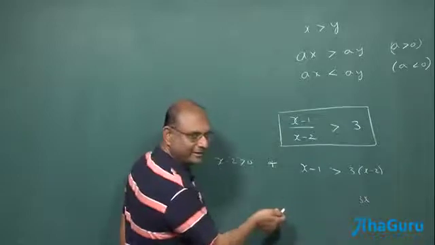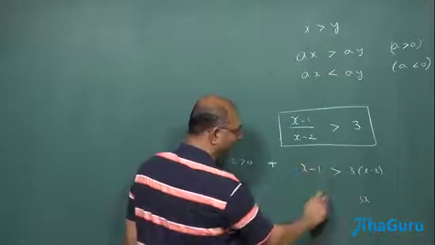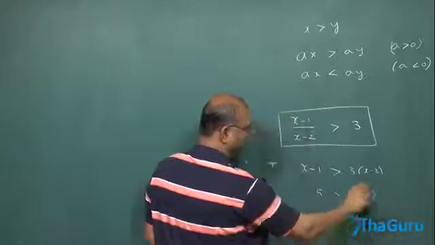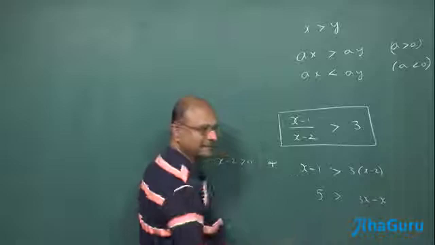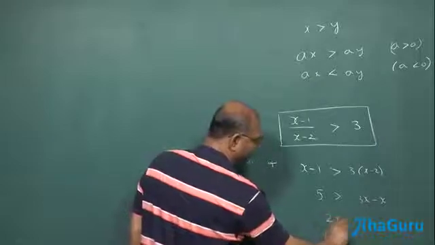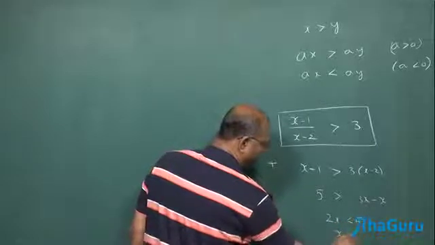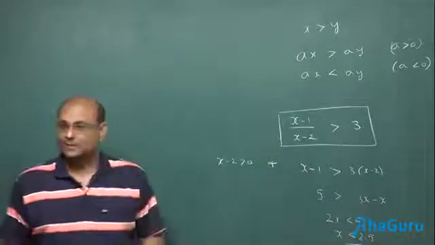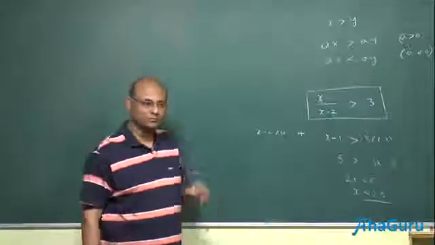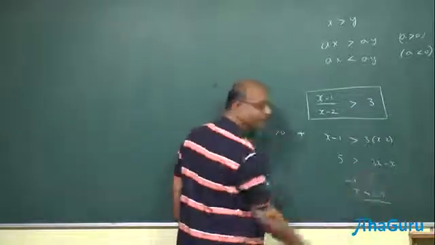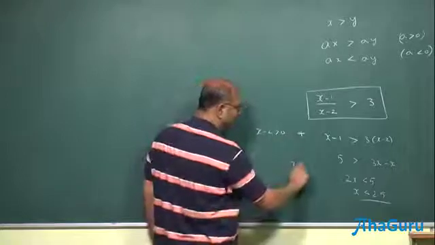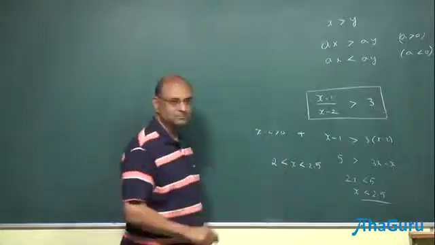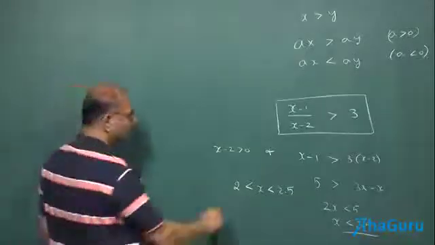The minus 6 I can bring to this side, so 6 minus 1, 5. And the x I can take to that side, so minus x. From this we can conclude that 2x must be less than 5, which means x must be less than 2.5. But x minus 2 must be greater than 0, which means x must be greater than 2. So you can't say for all x less than 2.5 this is valid, but for x between 2 and 2.5, this will be valid. So is that the only possibility?